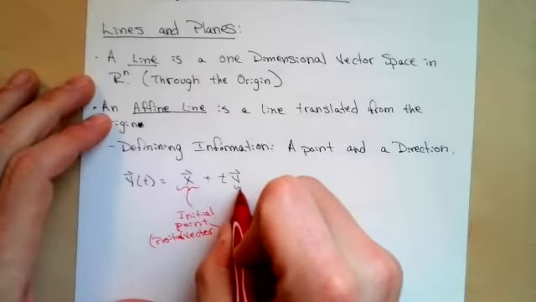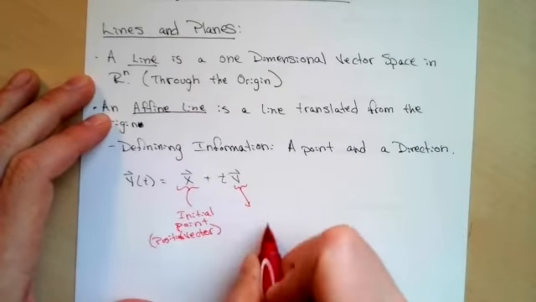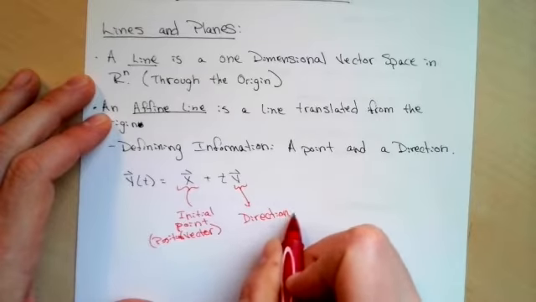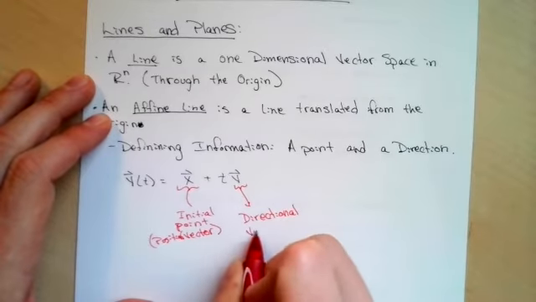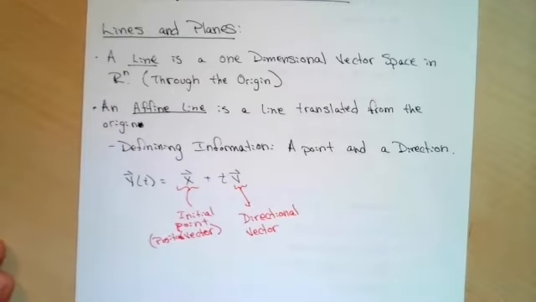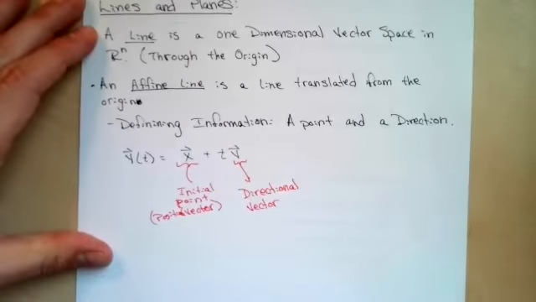And then this v here is going to be known as our directional vector. So this is the direction we are traveling.